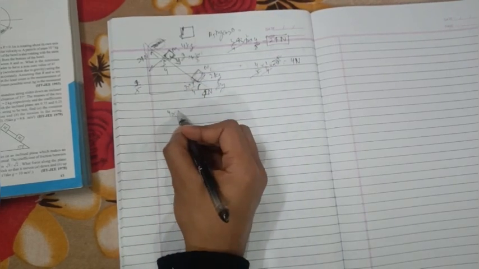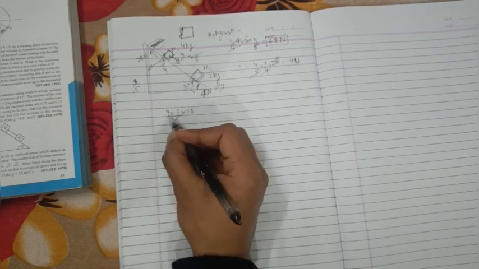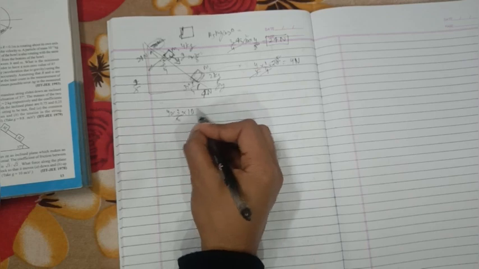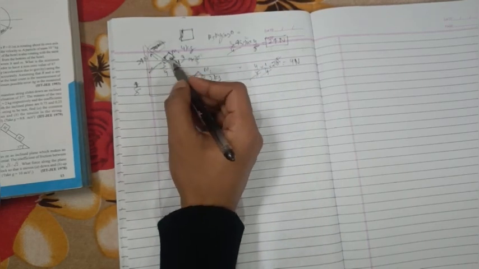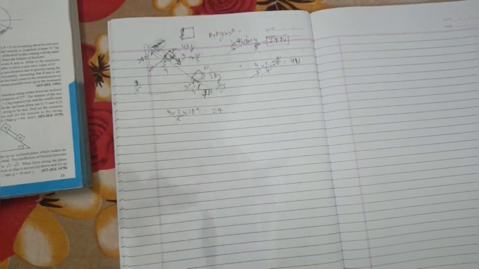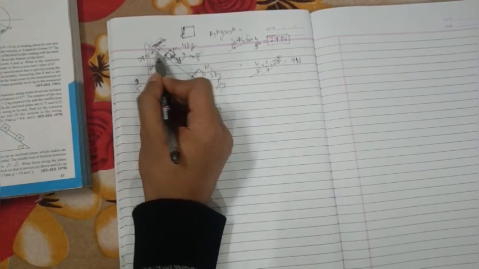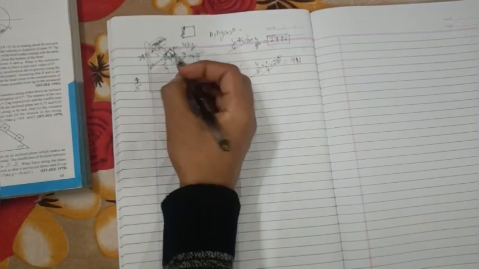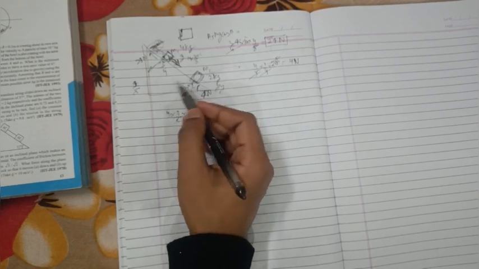Let's say this block is heavier, and the mg sin theta component of it would be 4 into 3 by 5 into 10, which is 24 Newton.